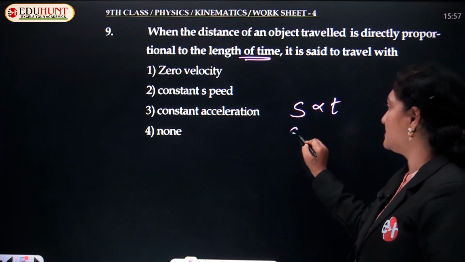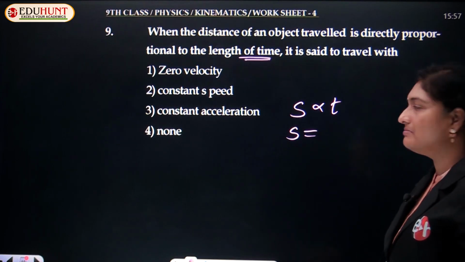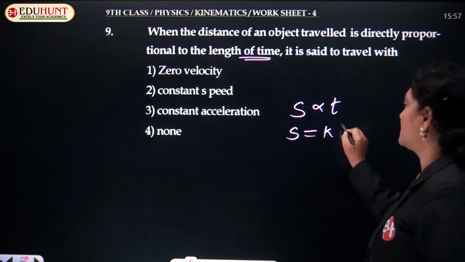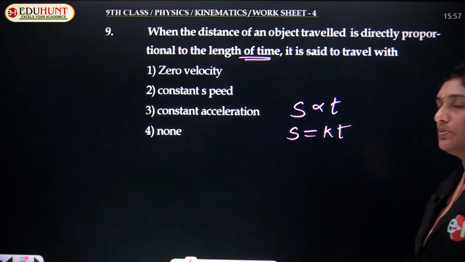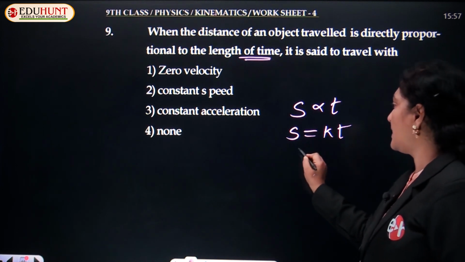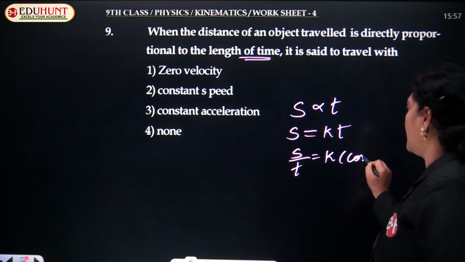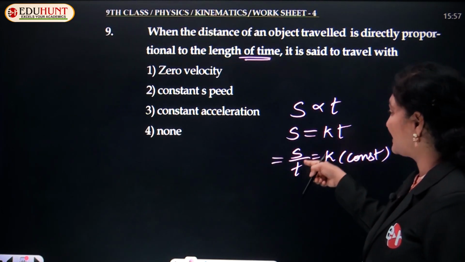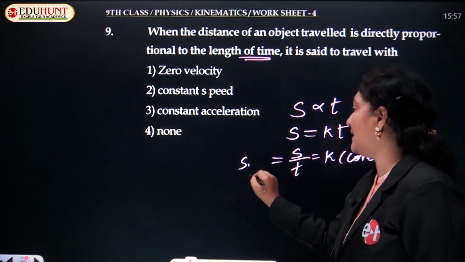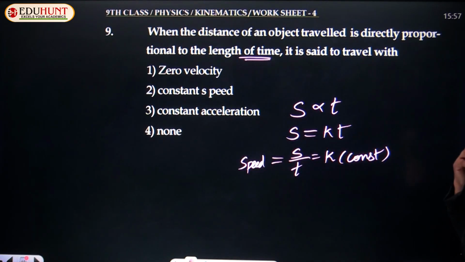So we know that when the proportionality symbol is removed, it can be taken as S equals some constant into time. Bringing this time here, S by T is equal to K. What is K? K is constant. But what is S by T? S by T is nothing but distance by time, taken as speed. Speed equals distance by time.